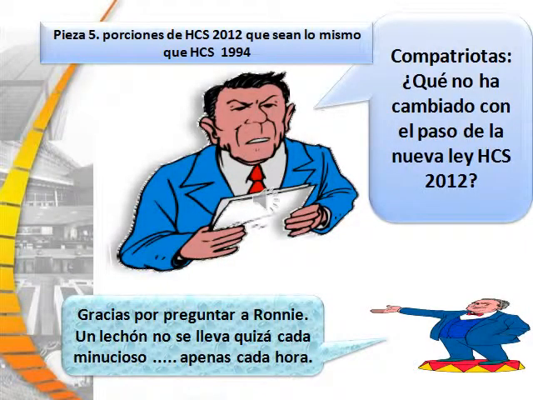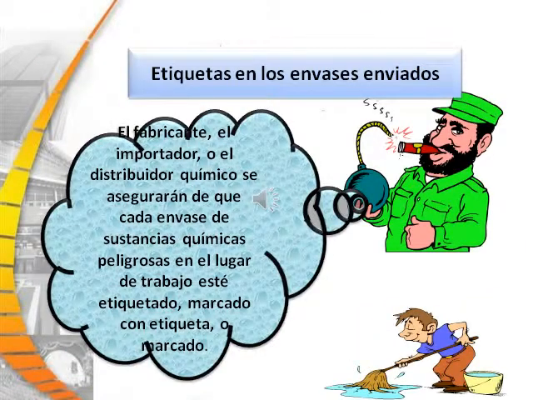Part 5. Parts of HCS 2012 that are the same as HCS 1994. Labels on shipped containers. The chemical manufacturer, importer, or distributor shall ensure that each container of hazardous chemicals in the workplace is labeled, tagged, or marked.